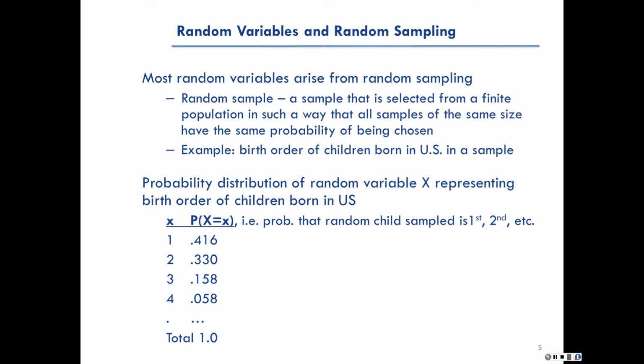The probability is going to range from the greatest probability for one child. So what's the probability that a random child sampled is birth order first, second, third, etc.? That probability is going to be greatest for first. We see a probability there of 0.416. Slightly lower for second, slightly lower for third, etc., all the way down. And all those probabilities are then going to sum to 1.